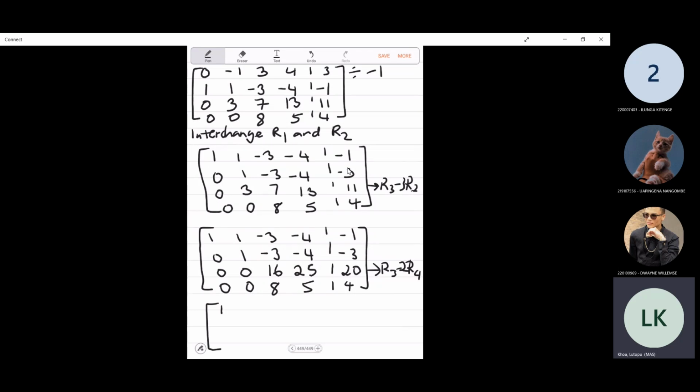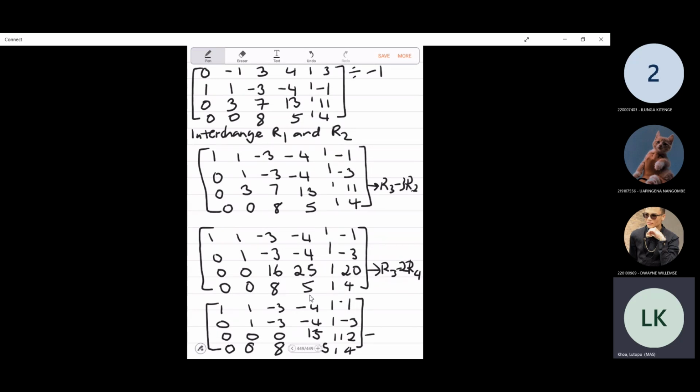Then we end up with 1, 1, minus 3, minus 4, minus 1, 0, 1, minus 3, minus 4, minus 3, then 0, 0, 0, because it's 16 minus 16, 25 minus 10 is 15. And then 20 minus 8 is 12. Then our last row does not change. Then here we have a 5 and then 4.